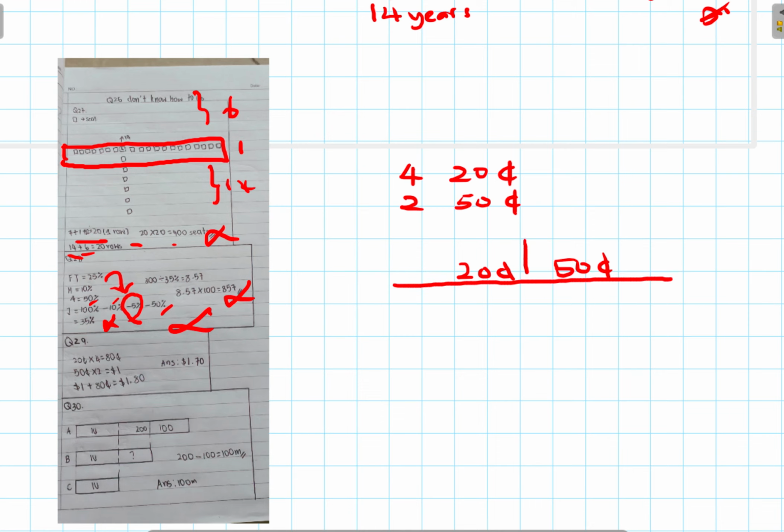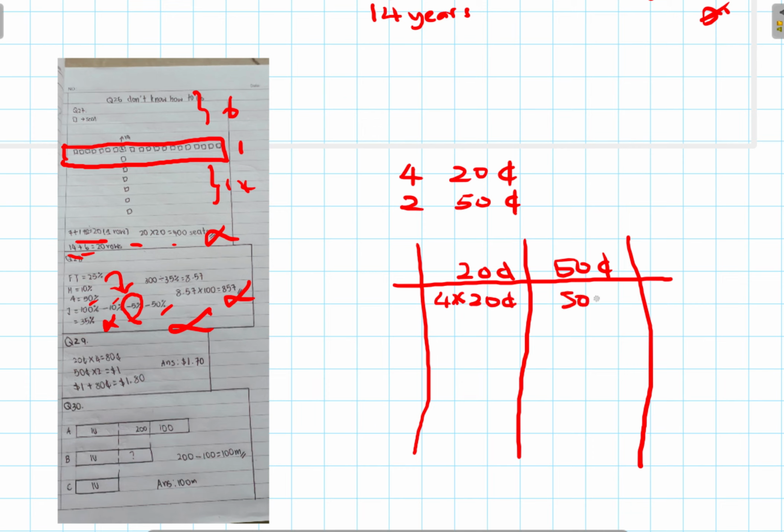Okay. So my first guess, I use all my 20-cent coins. So 4 times 20 cents, and I only use 1 50-cent coin. It will be $1.30. Okay. So this may be one of the possibilities. Second possibility is I use all my 50-cent coins. And then I also use all my 20-cent coins.